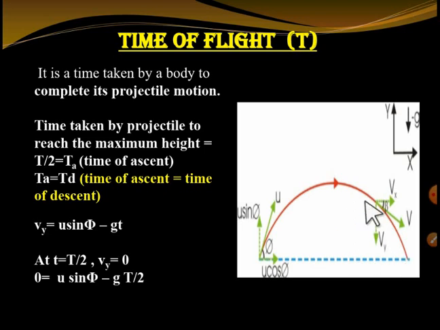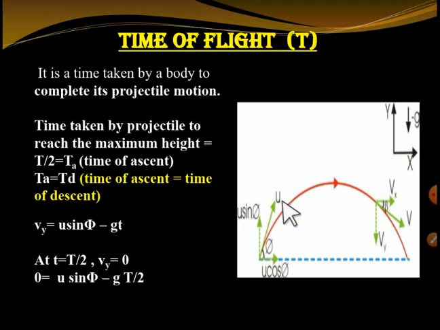As it is symmetric, time of ascent must be equal to time of descent. So double of the time of ascent or time of descent will be the time of flight, capital T.